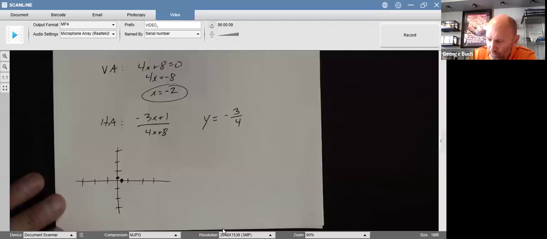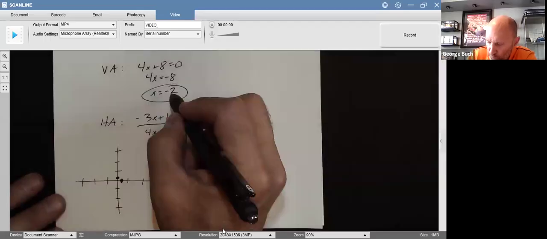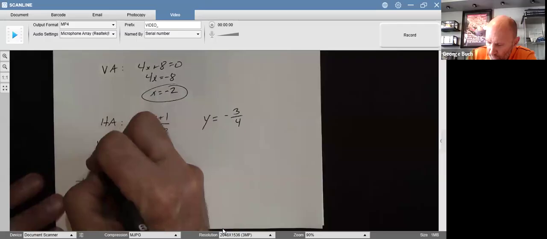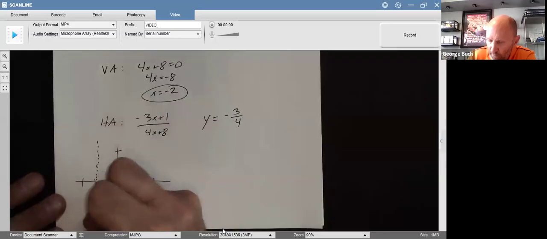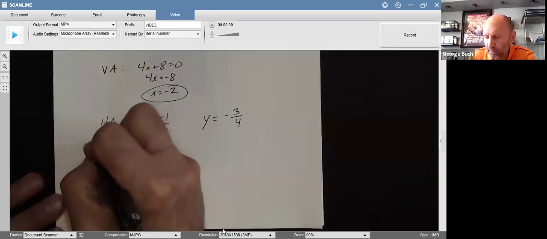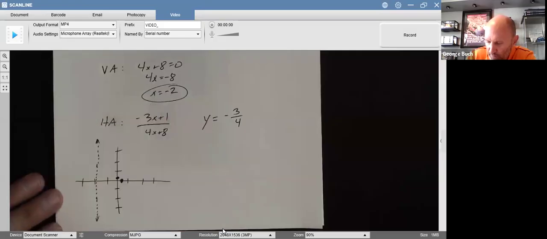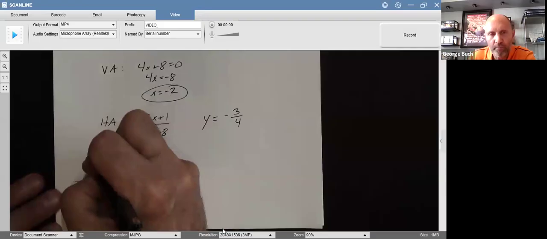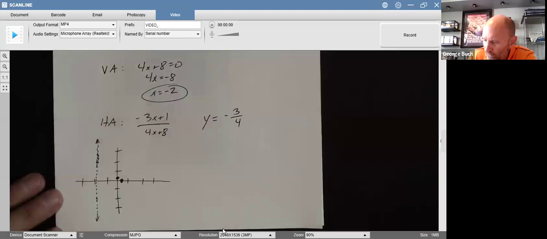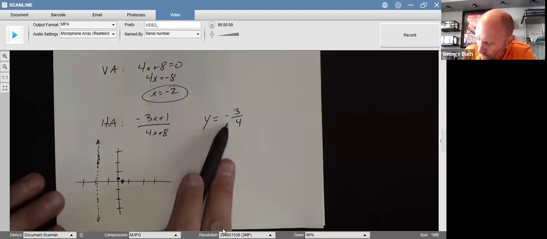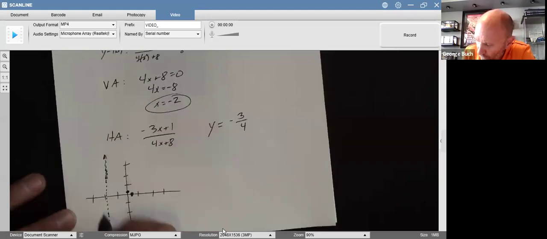The vertical asymptote is at x equals negative 2, and we draw an asymptote with these dotted lines. I should have mentioned that in the first video probably. So we get that dotted line like that, should be straight, so never mind my crooked line. And then horizontal asymptote, y is equal to negative 3/4. So maybe somewhere along here.